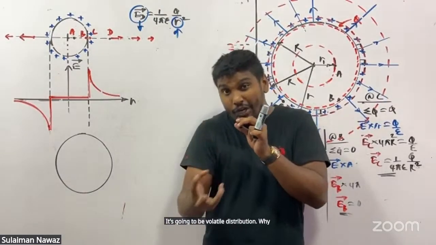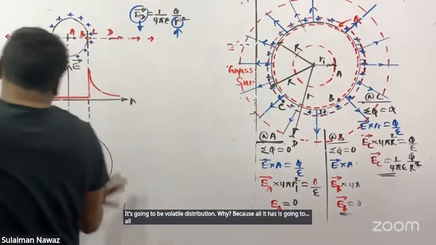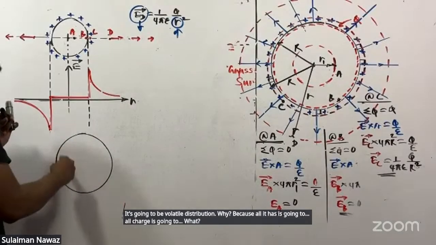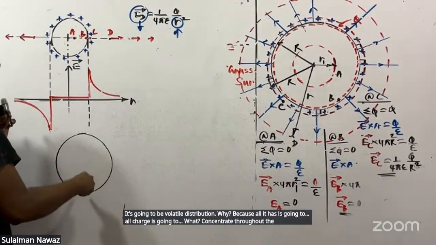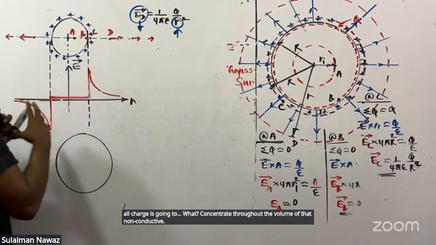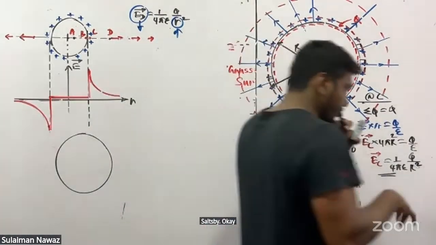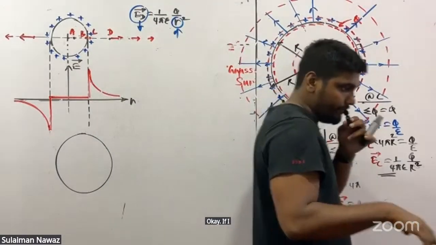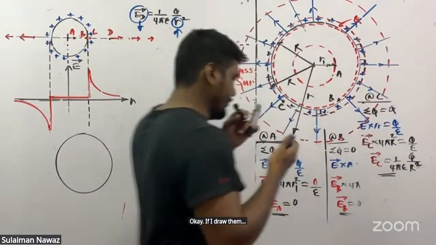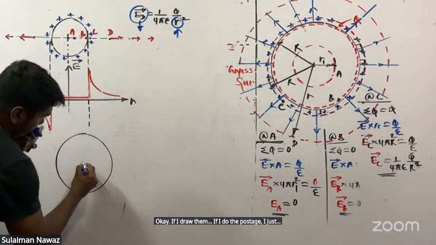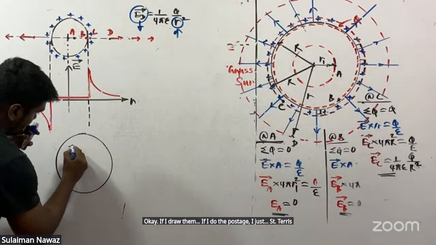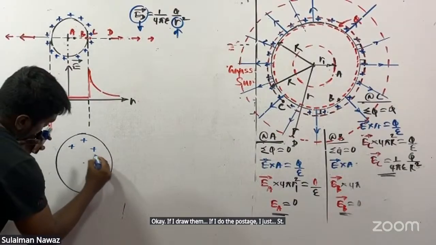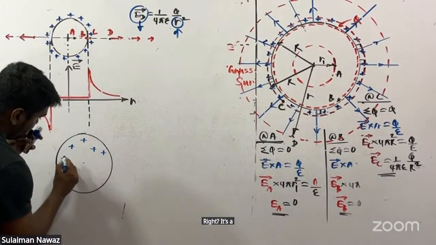Because all the charge is going to concentrate throughout the volume of that non-conductive solid sphere. If I draw positive charges, the center is here, positive charges. It's a volume charge distribution.